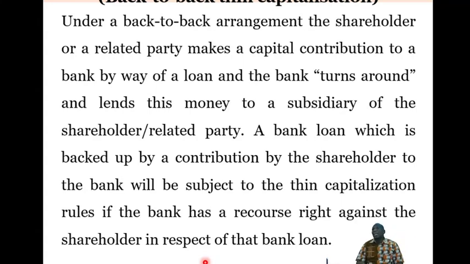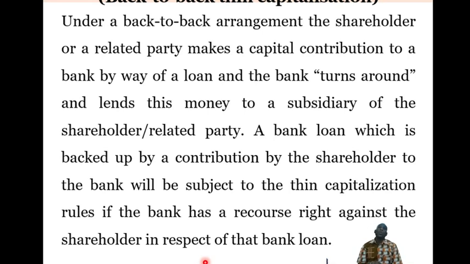So indirectly, it is the same non-resident person who is giving the money to the exempt controlled resident entity, but he is only using the bank as a conduit to give the money to the exempt controlled resident entity. And that's what we mean by back-to-back thin capitalization, back-to-back financing.